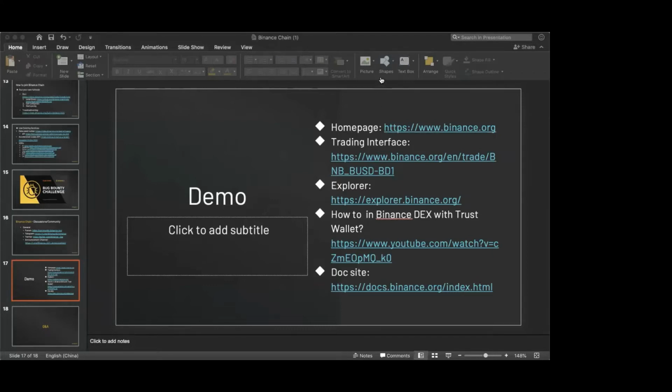To follow up on the question about how to issue your own tokens, you can see that it's quite straightforward.